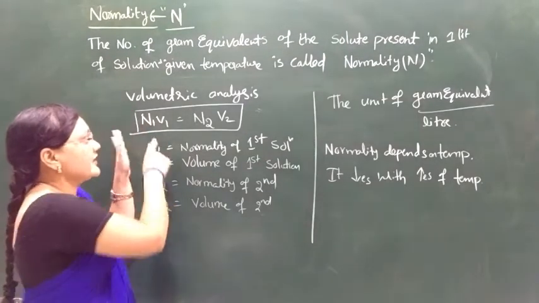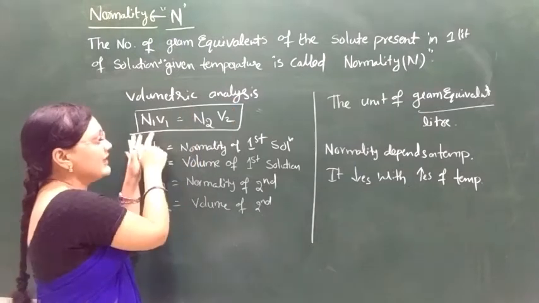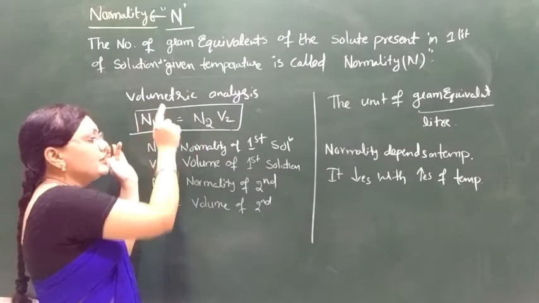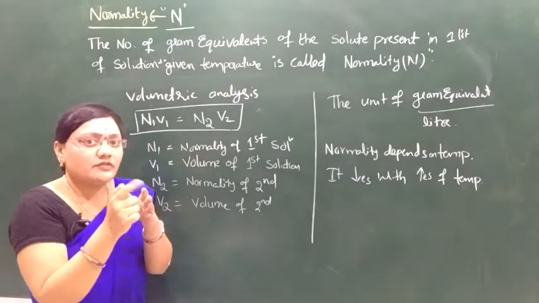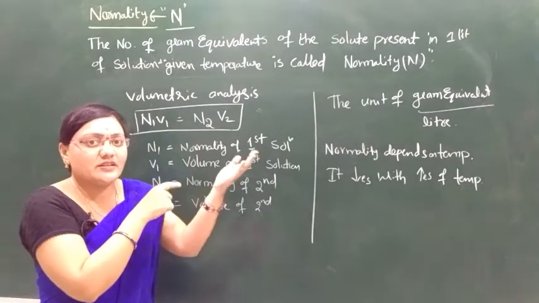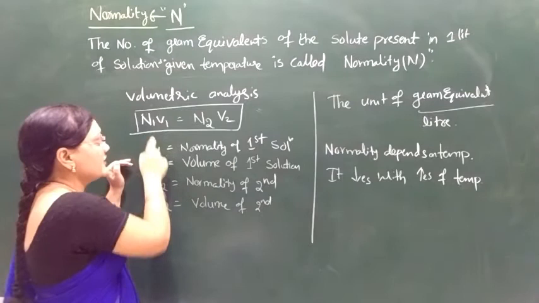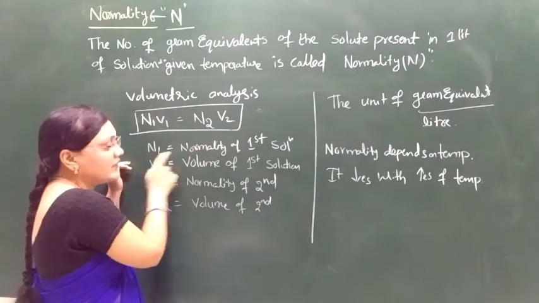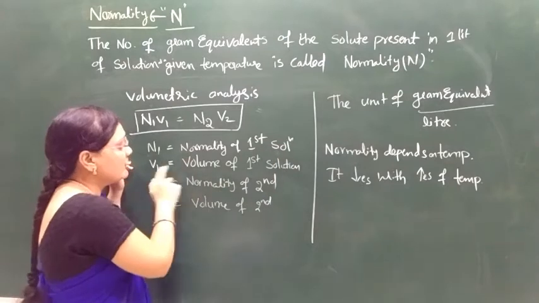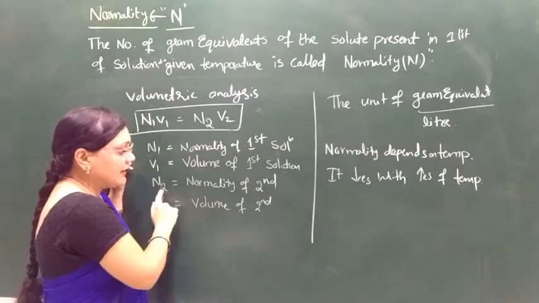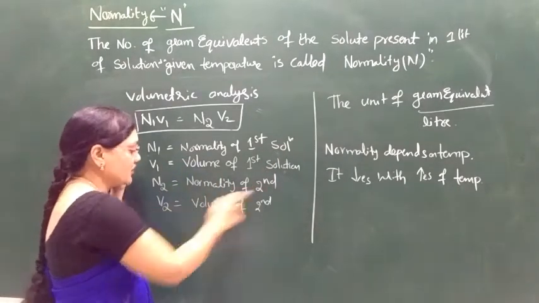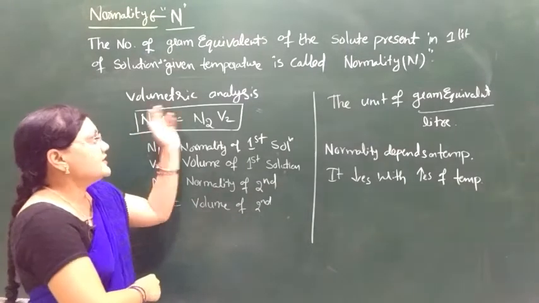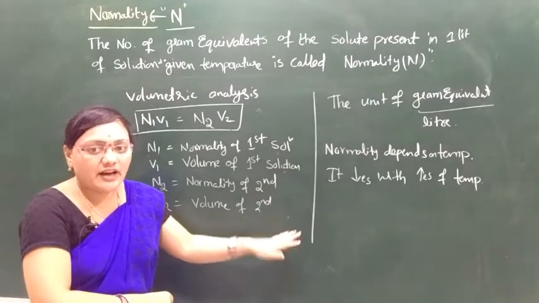The same applies in volumetric analysis: N1V1 equal to N2V2, where N1 is normality of first solution, V1 is volume of first solution, N2 is normality of second solution, and V2 is volume of second solution. These are the formulas of normality.